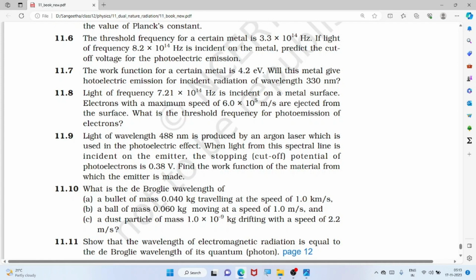Light frequency, and this is the speed of the electrons, the velocity of the electron is given. What is the threshold frequency? That is V naught they are asking.